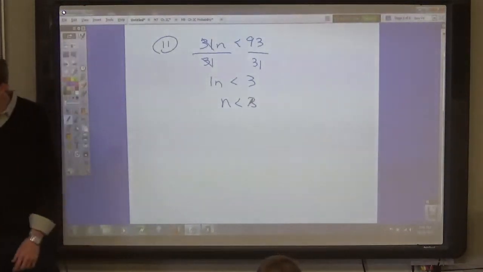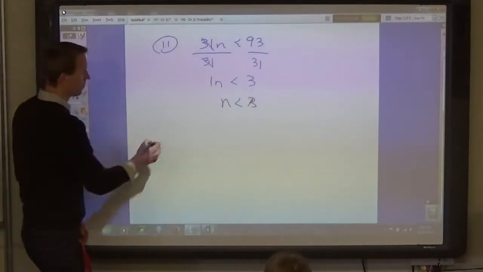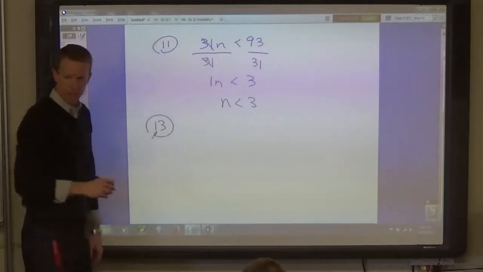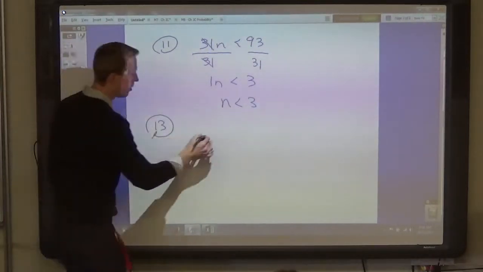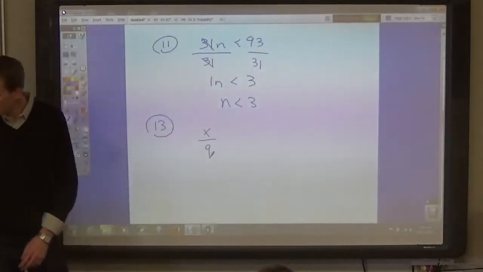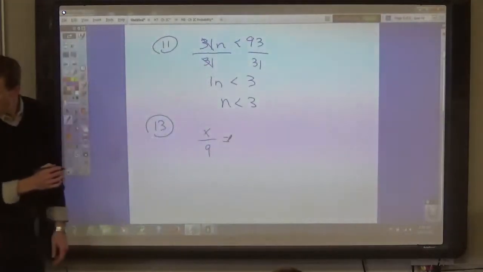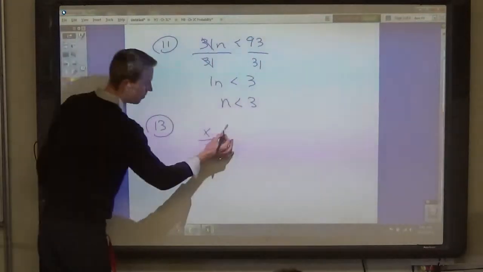How about the next one? Number 13. This one is not a multiplication equation. This is a what? Oops. Not equal to, it's greater than.